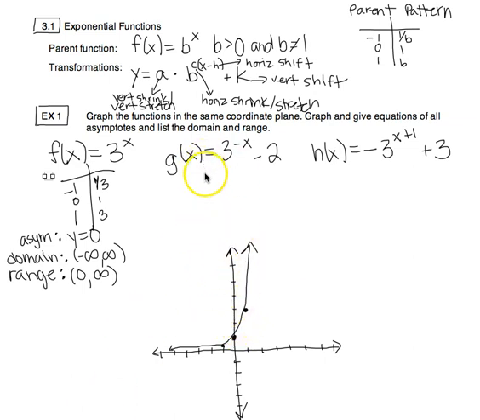Now, when I look at g of x, it has a negative up here, which again, we studied all the transformations before. When it's negative up there in the same place as the c, which would control horizontal shrink and stretch, that also controls reflection over the y-axis.